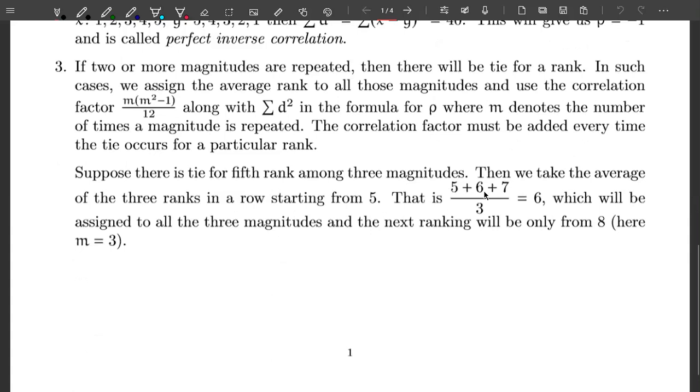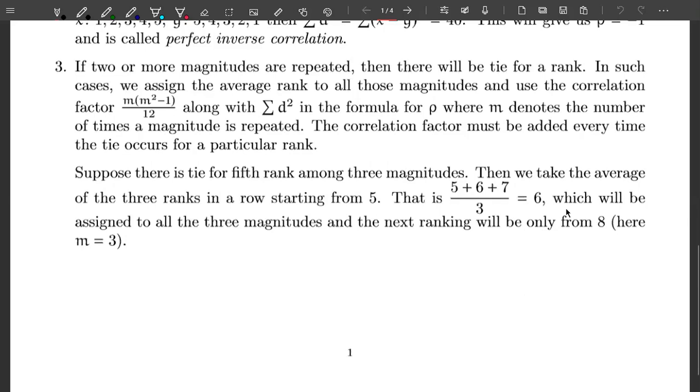So 5, 6 and 7 are added and divided by 3, because you are considering 3 magnitudes here. So all these 3 students who are competing for 5th rank will be assigned rank number 6.